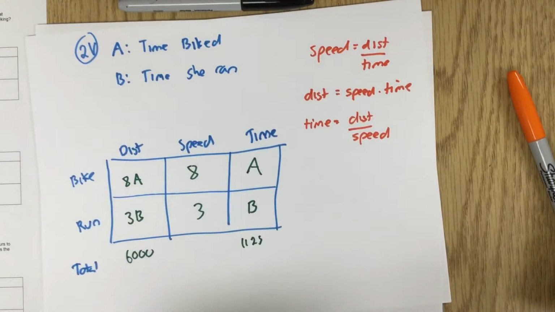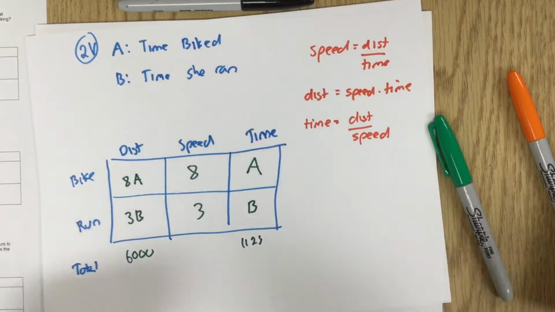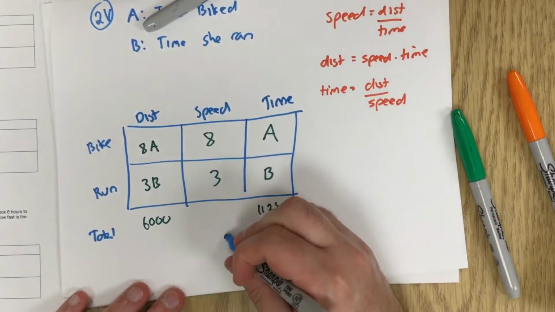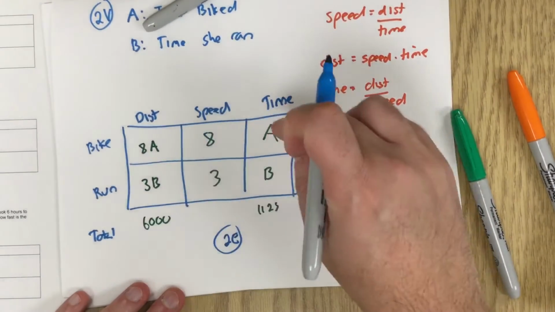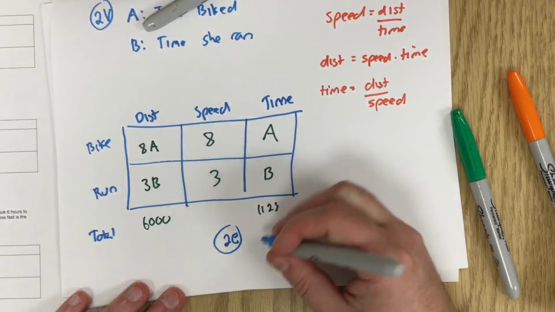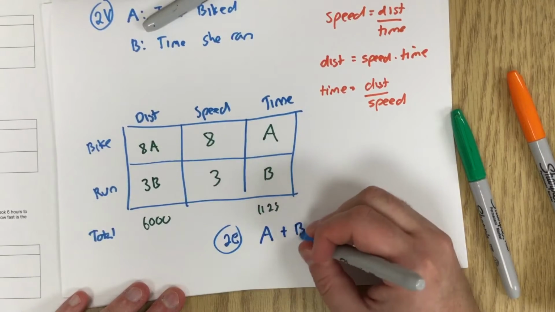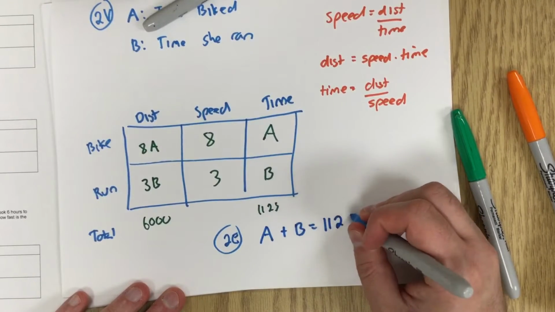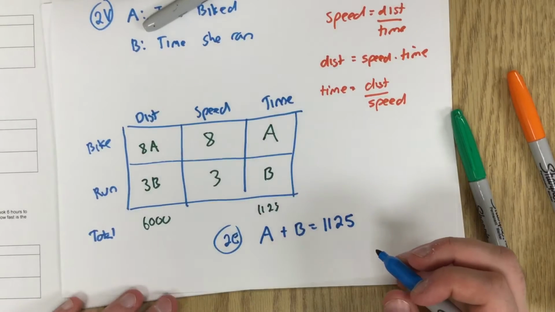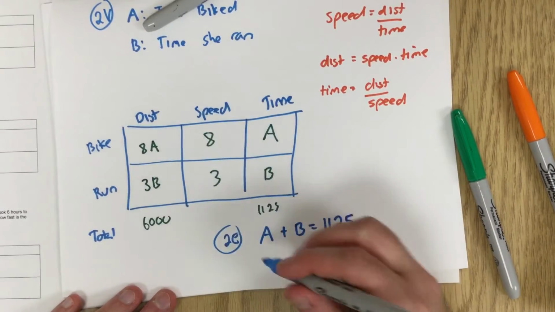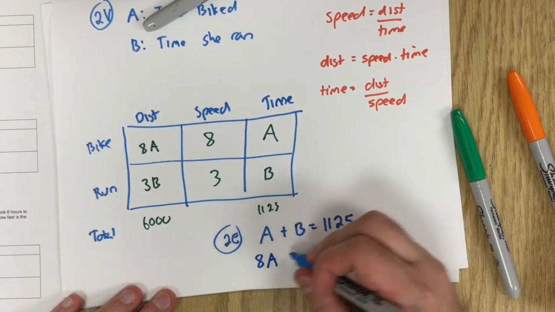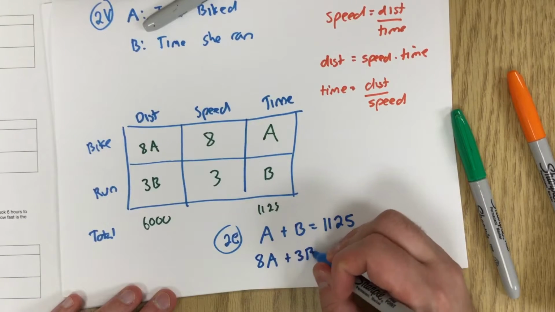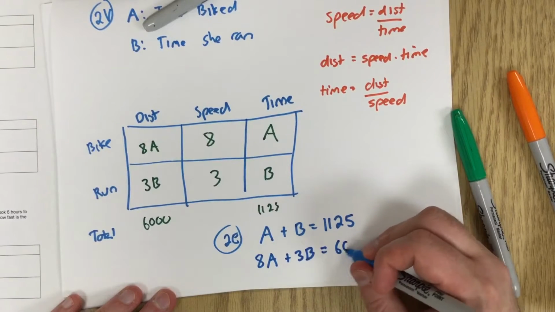So our two equations are going to be: the time plus the time is the total time, A plus B equals 1125. And the two distance ones are going to be 8A plus 3B equals 6,000.